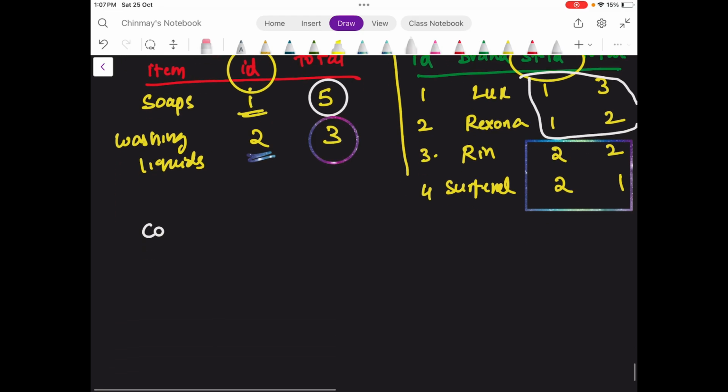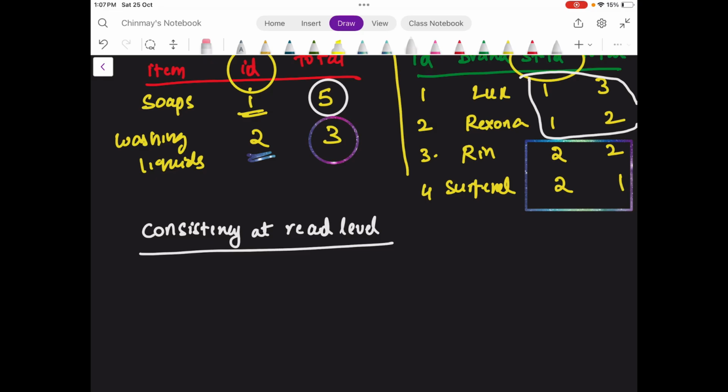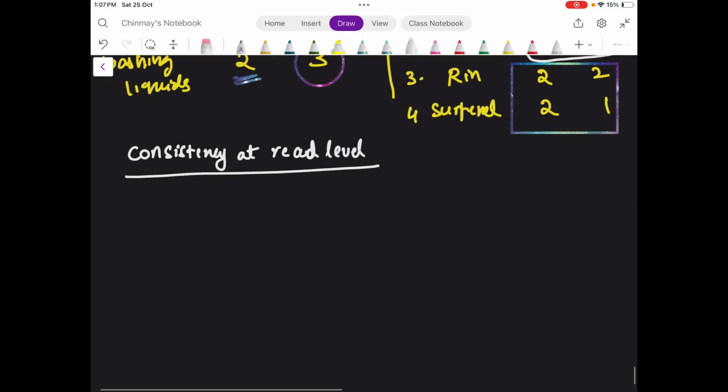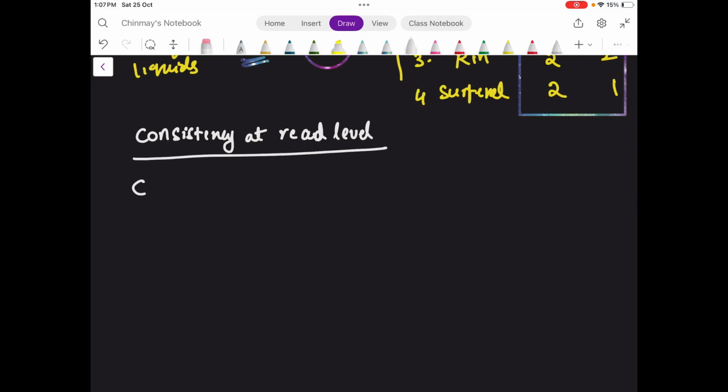Now, consistency at read level. What does the consistency at read level say? I think we are already aware of the CAP theorem. If not, please check my previous videos. In the CAP theorem, what is the C?